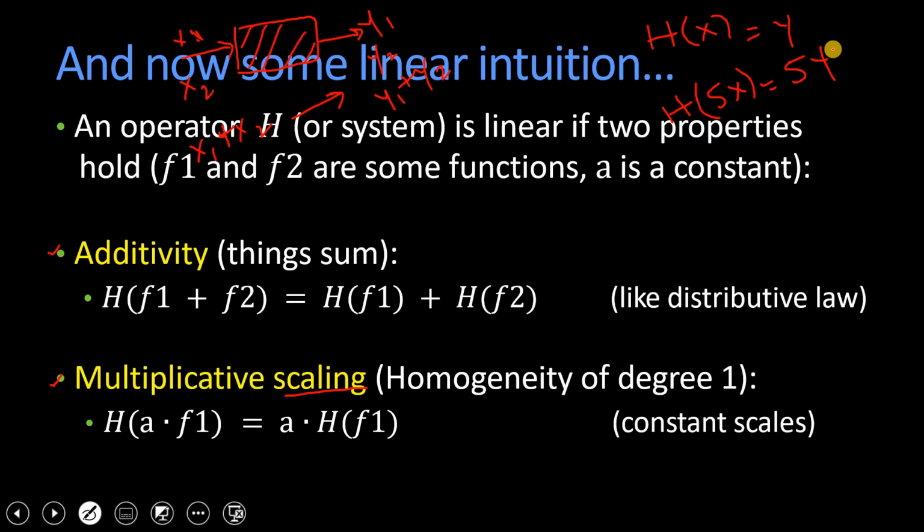Let's say you have an input like this sine wave, and your system converts the sine wave into a cosine wave. This is sine of x, so maybe you take a derivative, so your function is a derivative, and the output is cosine of x.